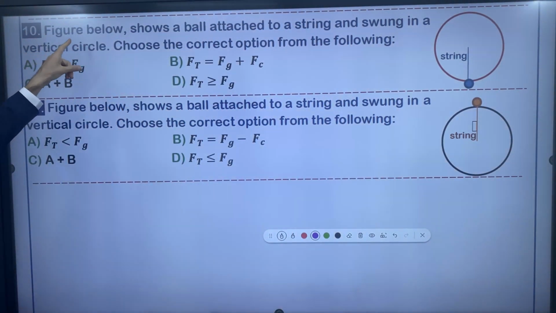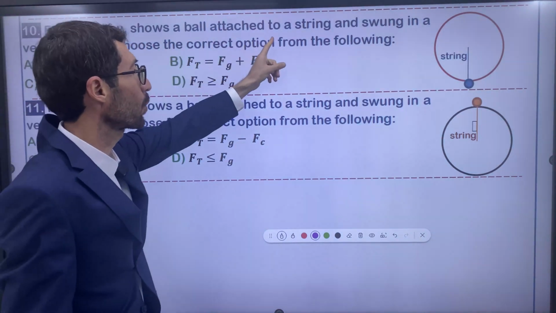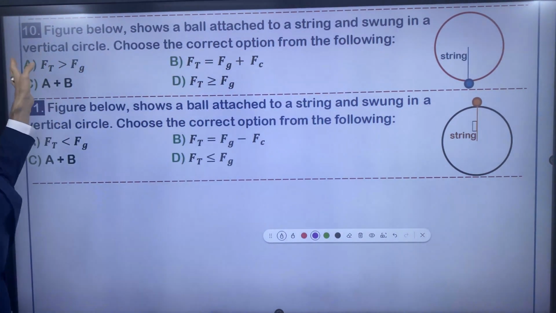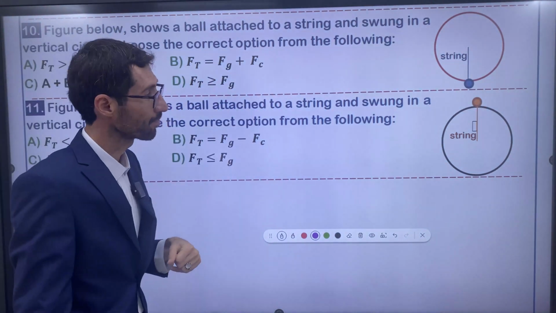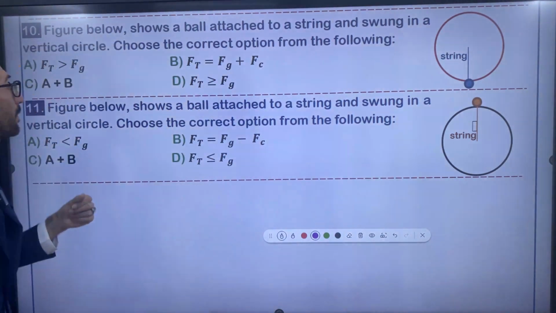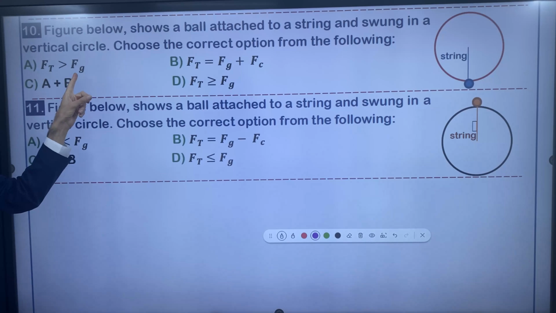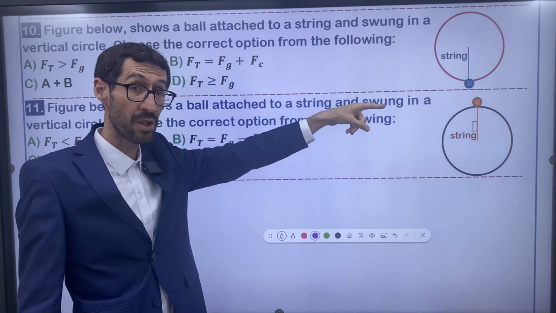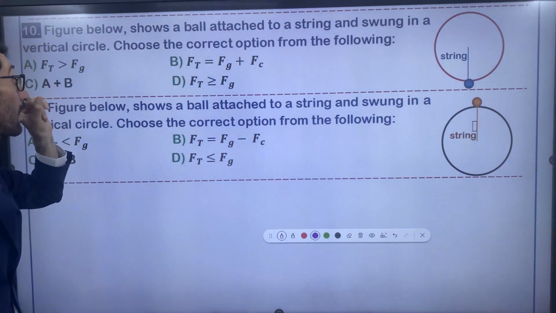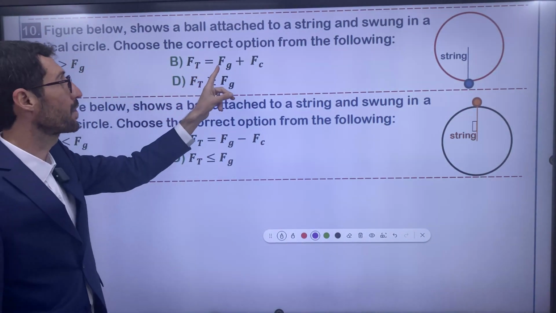Question number 10. The figure below shows the ball attached to a string and swung in a vertical circle. Choose the correct option from the following. So which option is true? A, Ft is greater than Fg. Yeah, at the bottom, Ft is greater than Fg. Ft overcomes Fg. It's true. B, Ft is equal to Fg plus Fc.